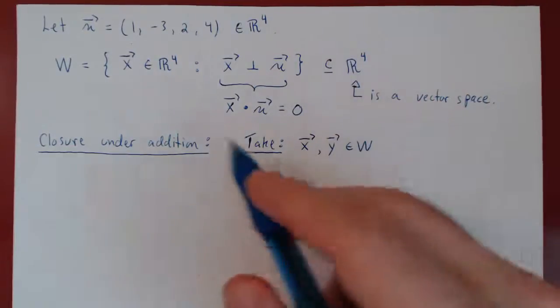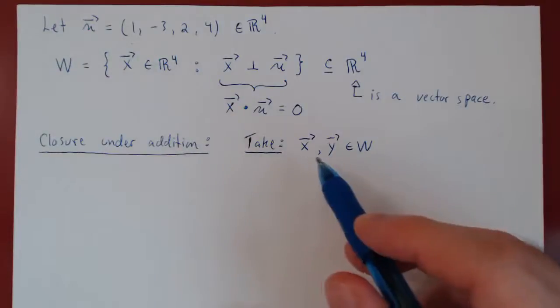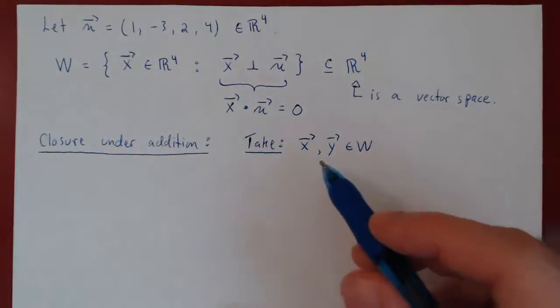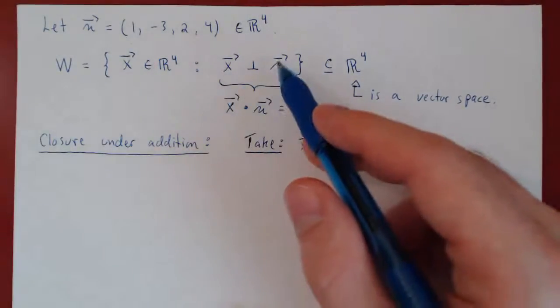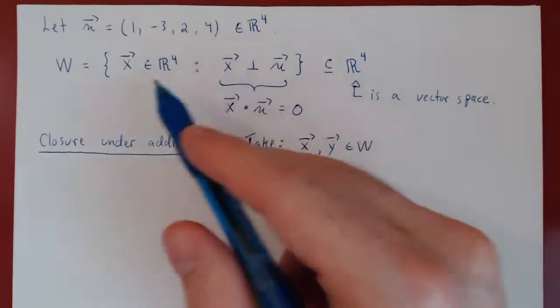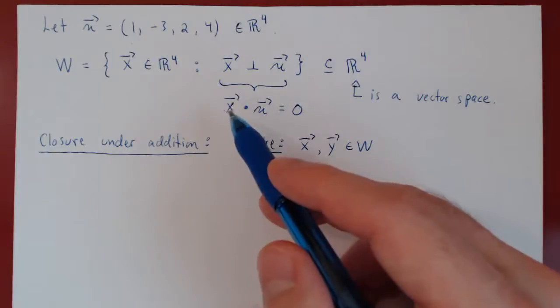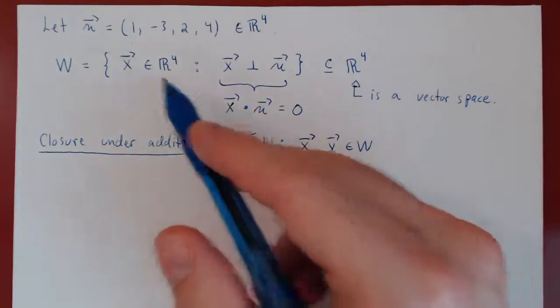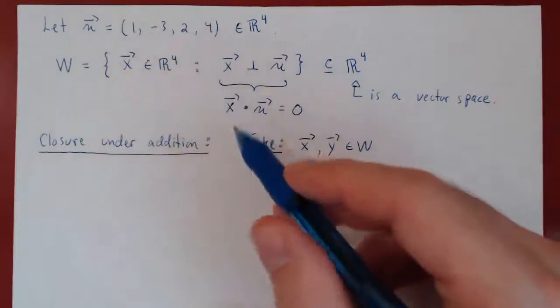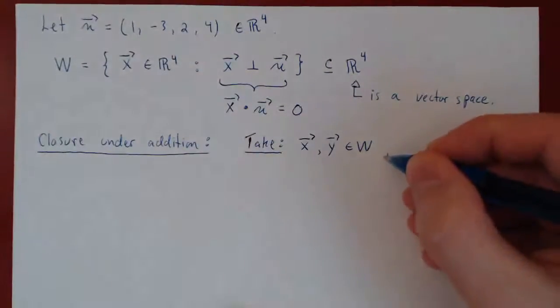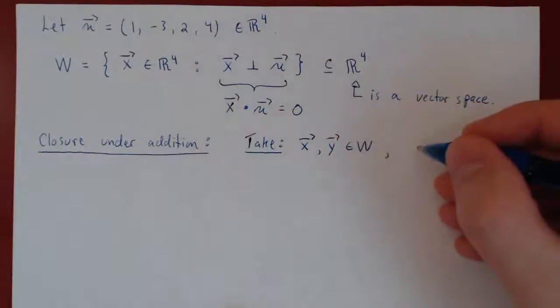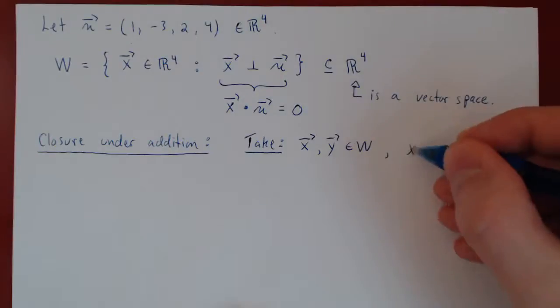Well, we know that because both vectors are in W by assumption, they both must satisfy the condition of the space W, which is that the vectors in W are perpendicular to vector u, and so the dot product between every vector in W and the fixed vector u must be equal to 0. So we know that x dot u is 0.